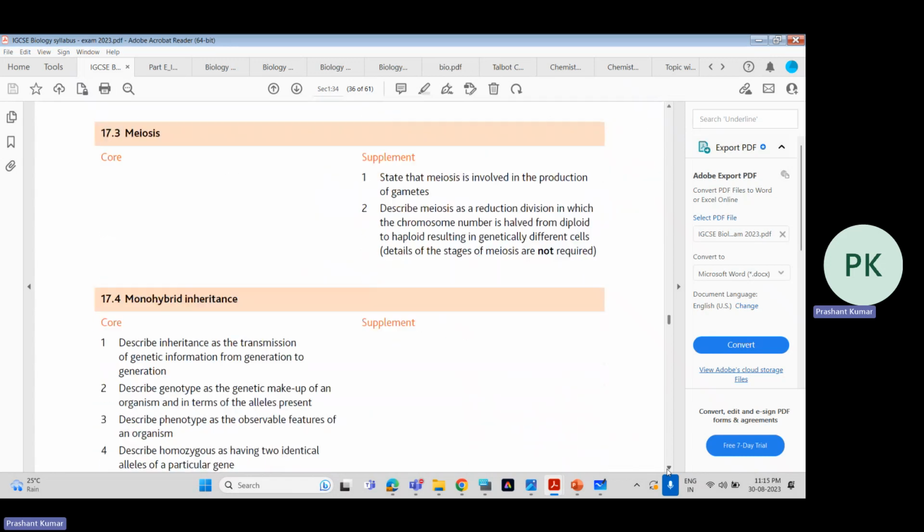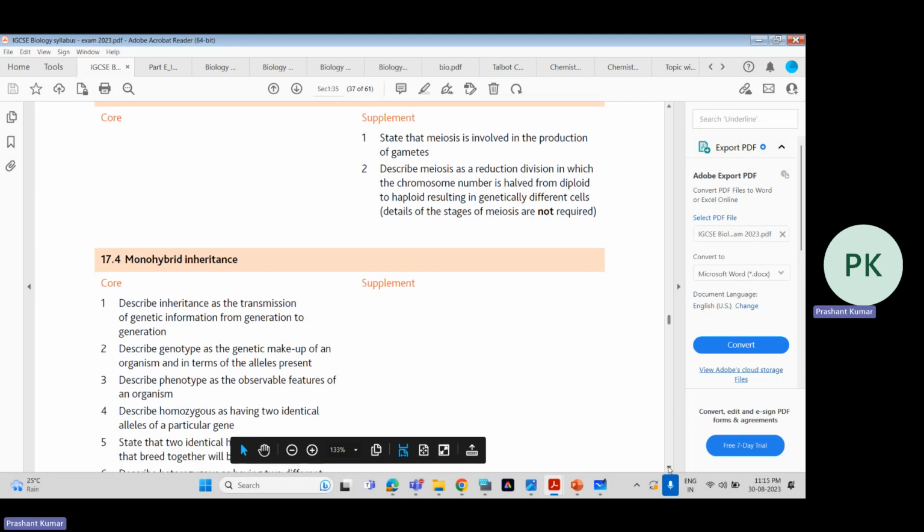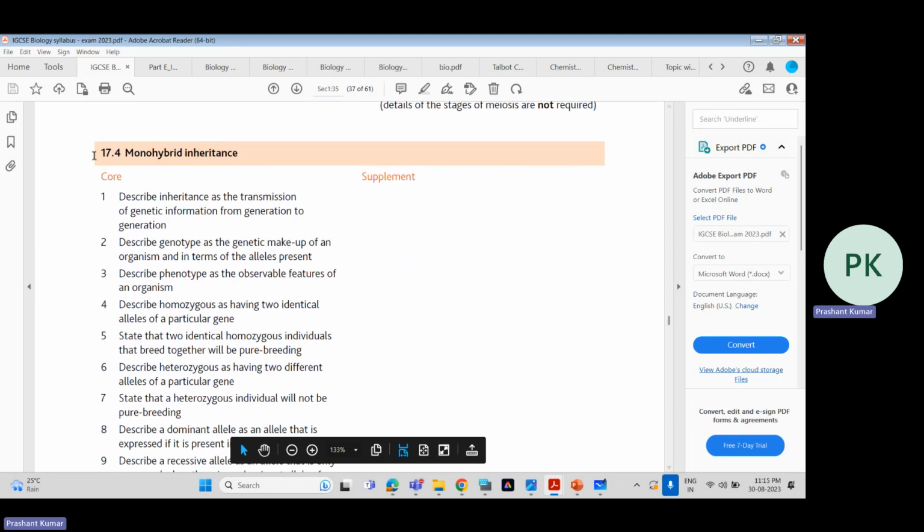In meiosis, we'll discuss how the gametes are formed, and this is a type of reduction division because the chromosome number is half in the daughter cells and they are genetically different also. Then we'll come to Mendelian inheritance, that's the monohybrid cross.